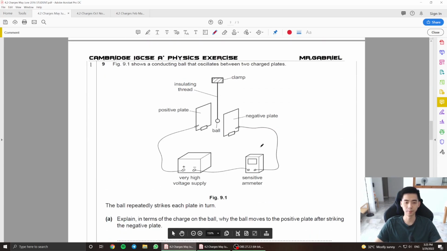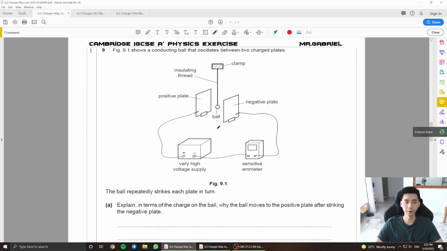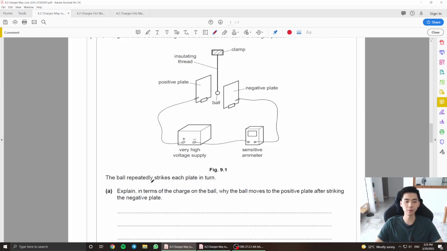Alright. Then moving on to the next part here. Figure 9.1 shows a conducting ball that oscillates between 2 charged plates. You can see that there is an insulating thread, there's a ball here, there's a positive charge, negative charge, and it oscillates between these 2 plates here. The ball repeatedly strikes each plate in turn. Explain in terms of charges on the ball why the ball moves to the positive plate after striking the negative plate here.